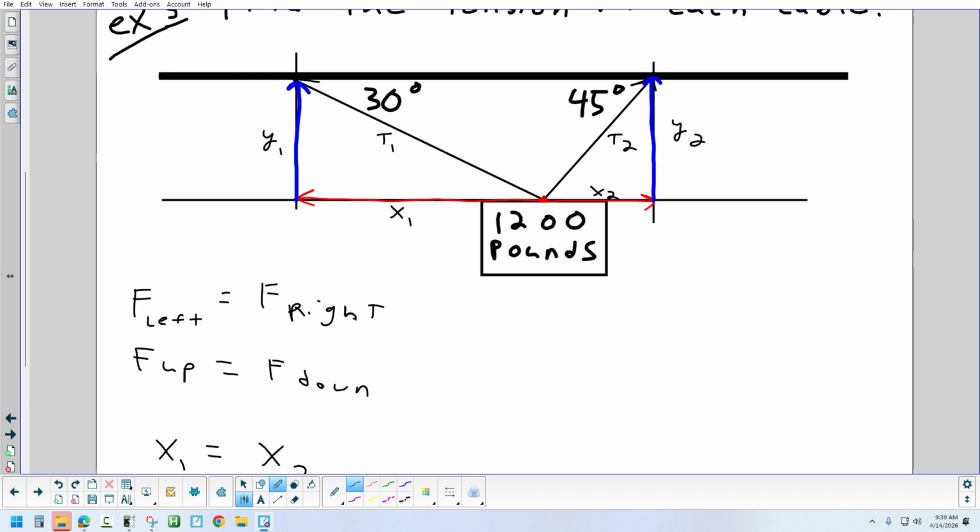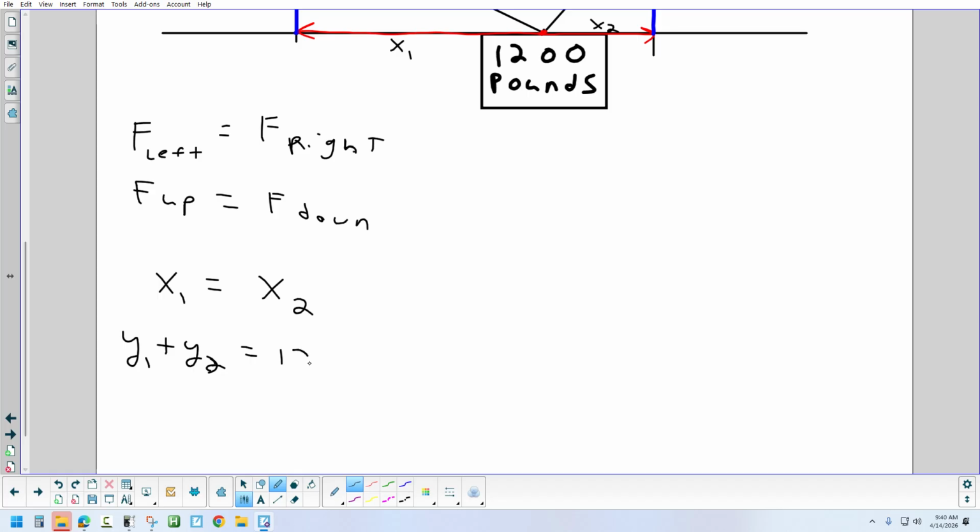What's the force down? T1 and T2 are on angles, so we're not going to use those for this part. We will use them in a little bit, but they don't pull down. The 1,200 pounds is the force pulling down. So there's the second stage of your equations.